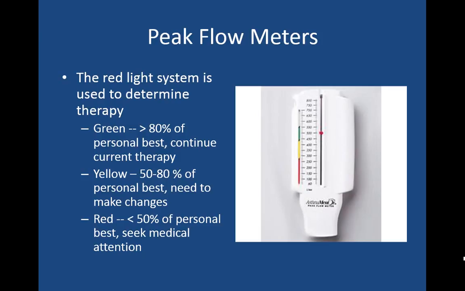They use a kind of red light system to indicate to the patient where they are in their respiratory abilities. If they fall within 80% of their personal best, that's the green zone. It's like keep on keeping on. Just keep doing the same medications you're using. You're fine. If they're in the yellow zone, they have some changes they'll make based on their asthma action plan.